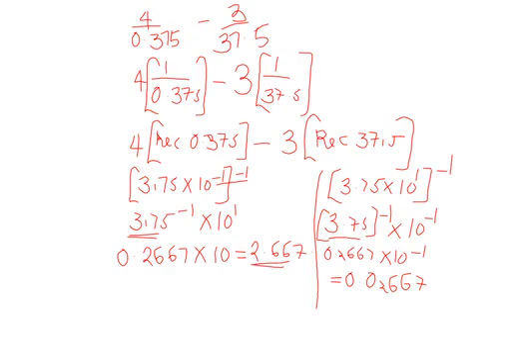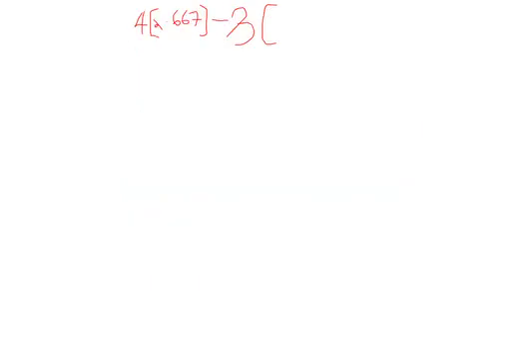Then we subtract 3 multiplied by the reciprocal of 37.5, which we've gotten as 0.02667.